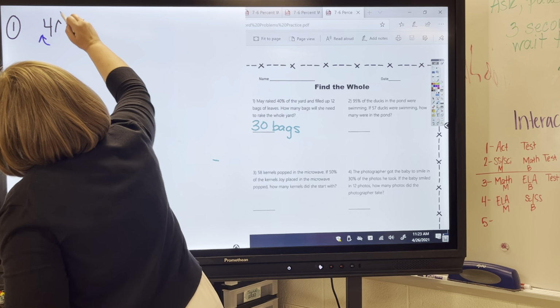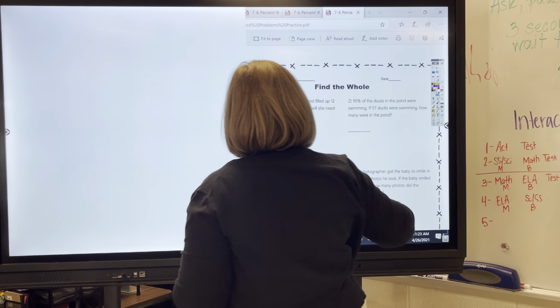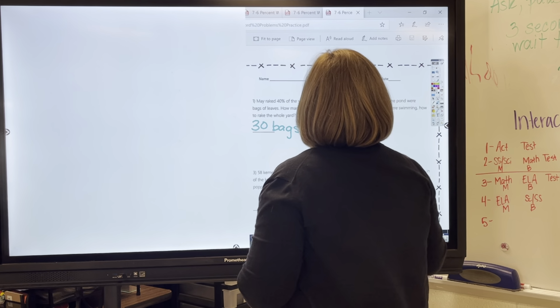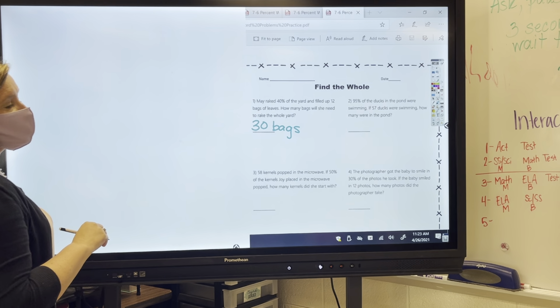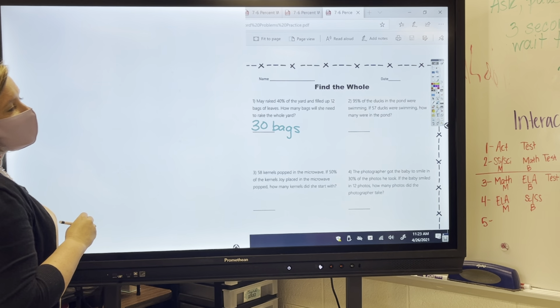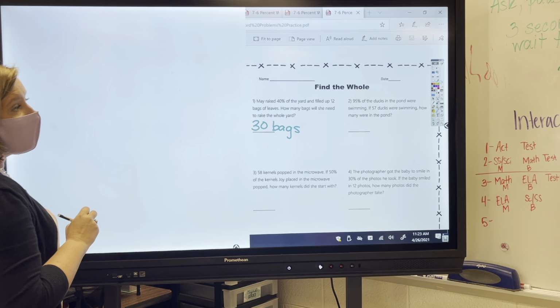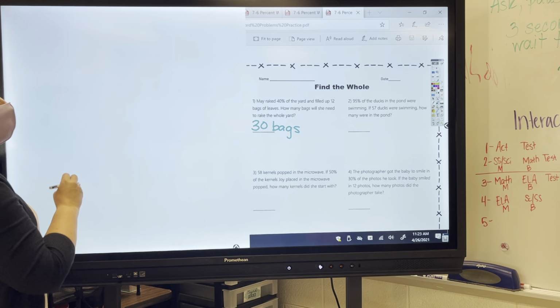All right, let's look at the second one. Number 2 says 95% of the ducks in the pond were swimming. If 57 ducks were swimming, how many were in the pond?